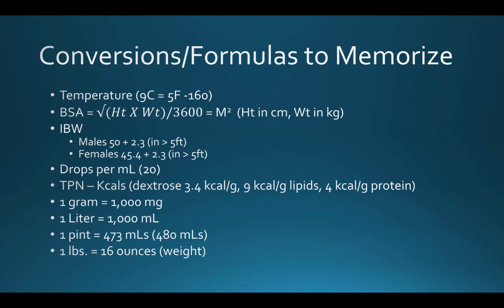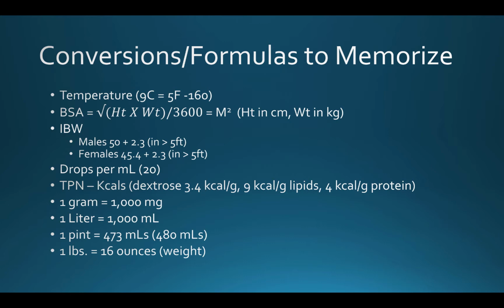Other kind of conversions, equations, that type of thing. Drops per mil, definitely something you should know as a pharmacist there. TPN, so this is going to be important, obviously, for calculations and calculating energy requirements and things like that. So definitely remember kcals per gram.